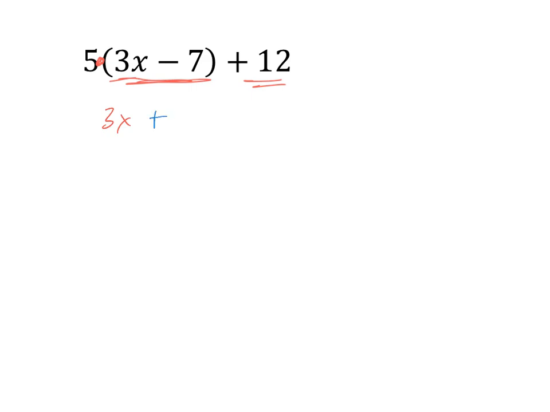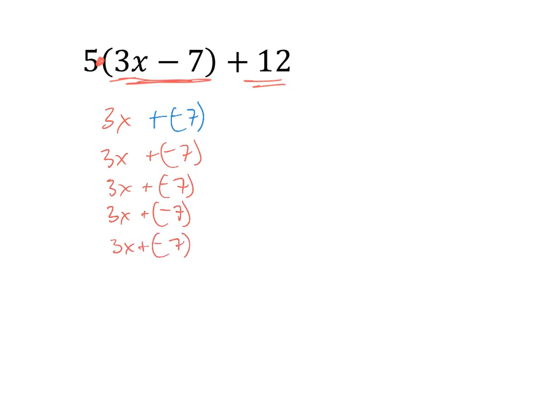So we'd say plus negative 7. This is 5 sets of that, 3x plus negative 7, 3x plus negative 7, 3x plus negative 7. This is just to get across what this is communicating, and then adding 12.